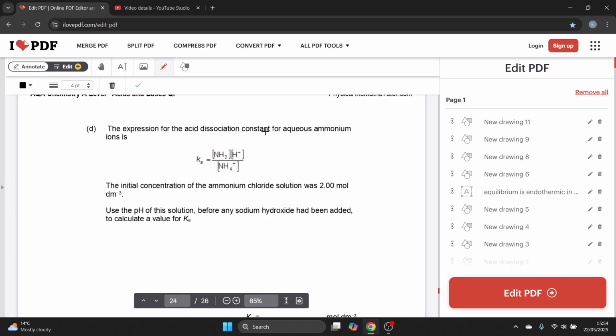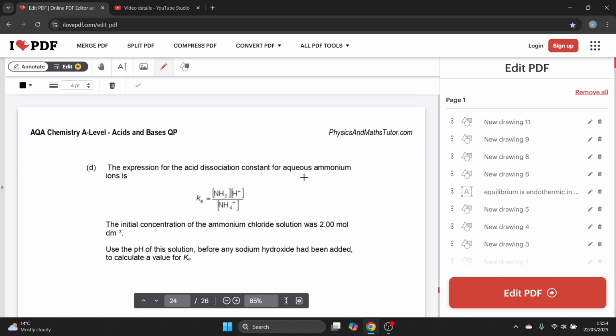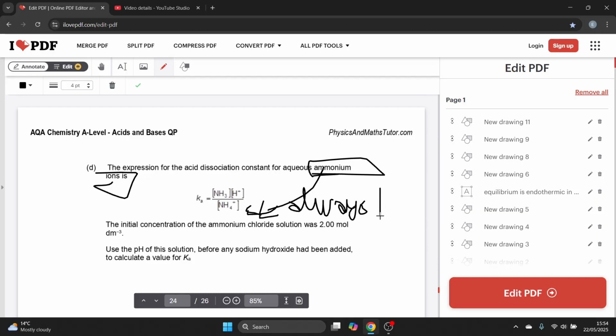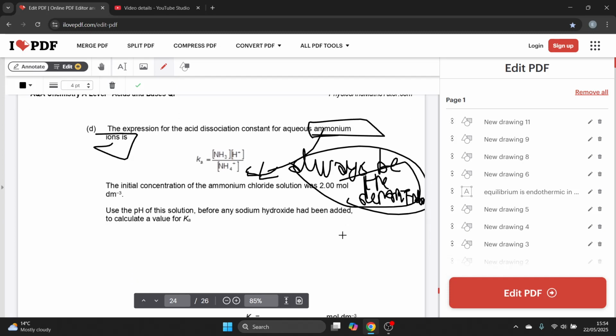Whenever it asks you to give a K expression, for whatever it is, in this case ammonium ions, well, that is always going to be the products over the reactant, with NH4 plus in the denominator. Perfect.